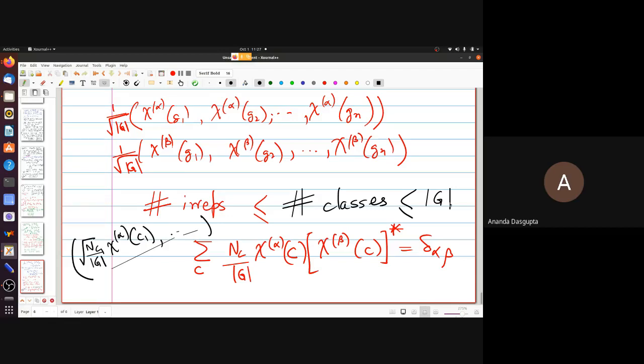So the character table for this group, which is essentially characters for all these irreps, can be written down without even writing down the representations, at least for the most part. Okay, so that is what we are going to cover the next day.